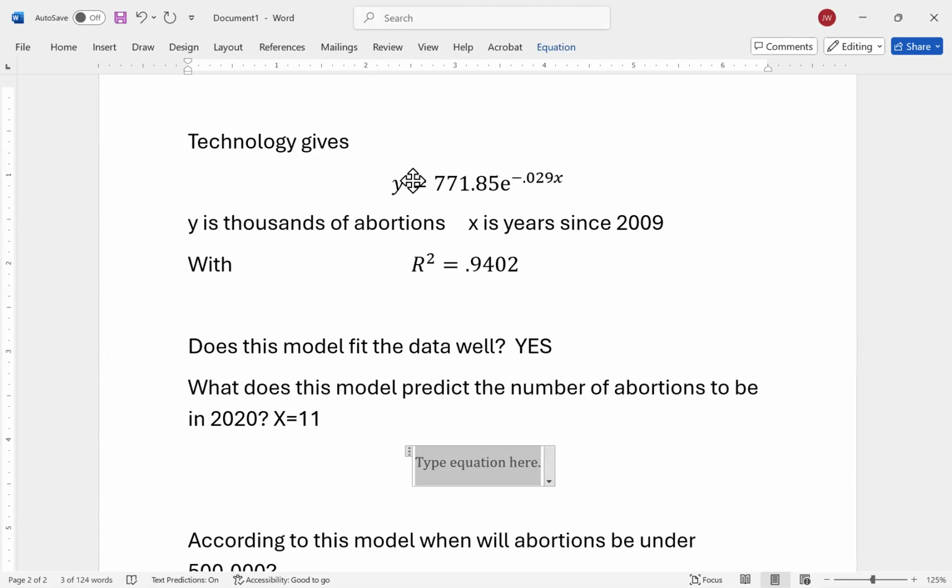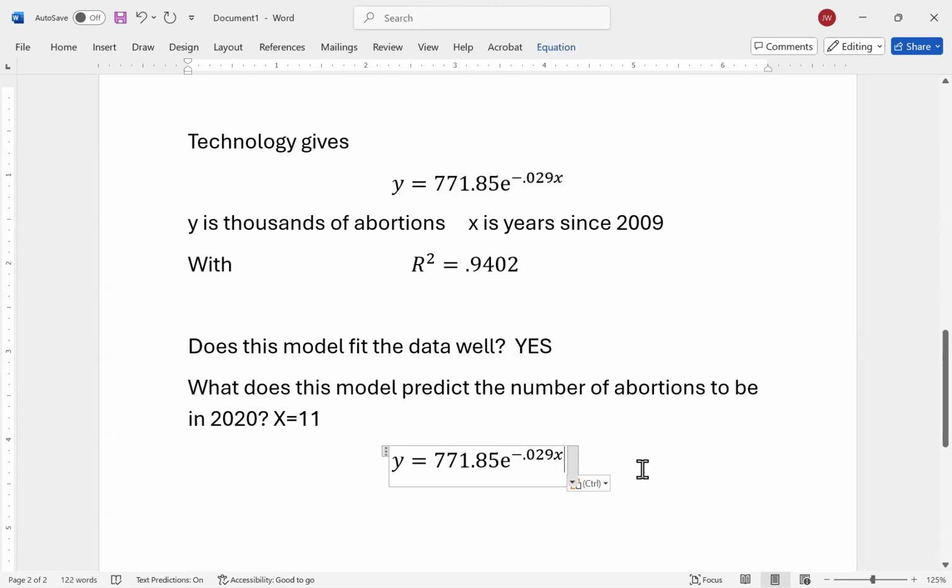So anyways, we take this model that the technology gives and we plug in an X value of 11 and figure out what the prediction would be. 771.85 times e to the power negative 0.029 times 11.